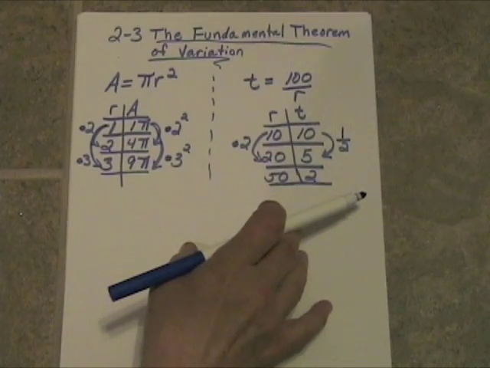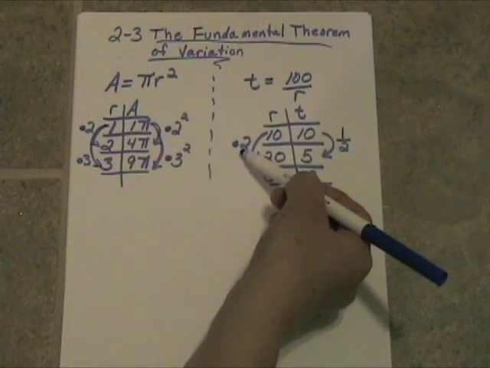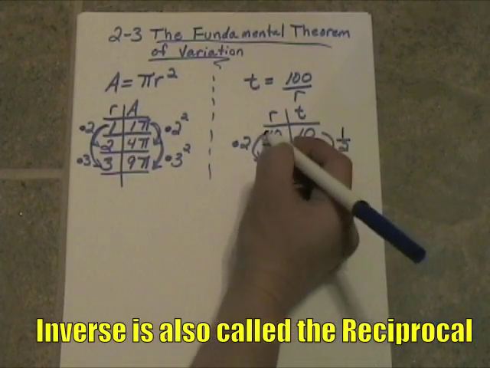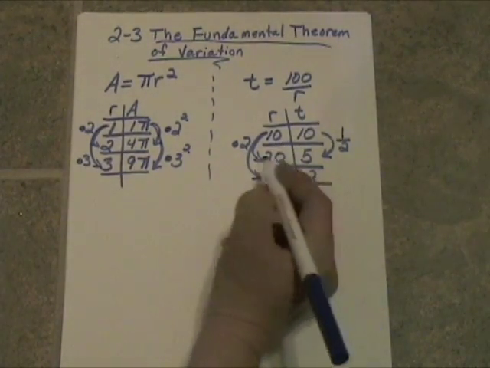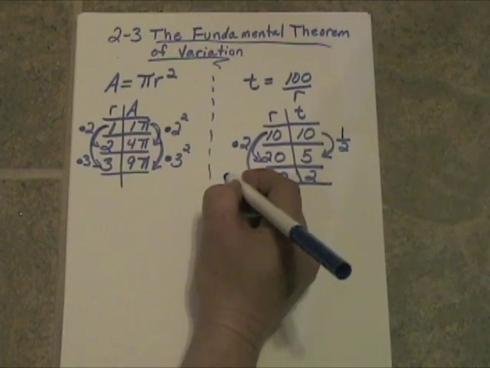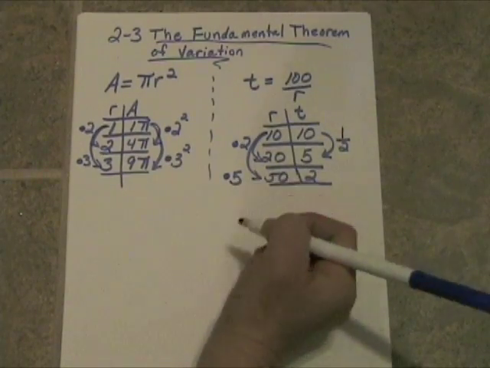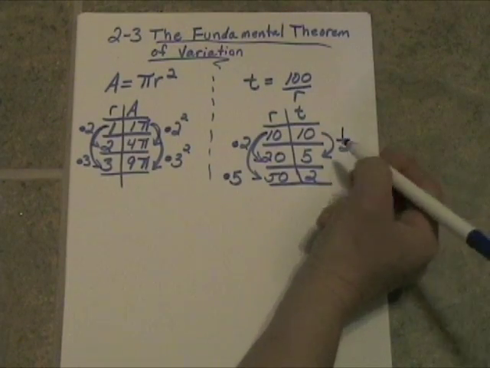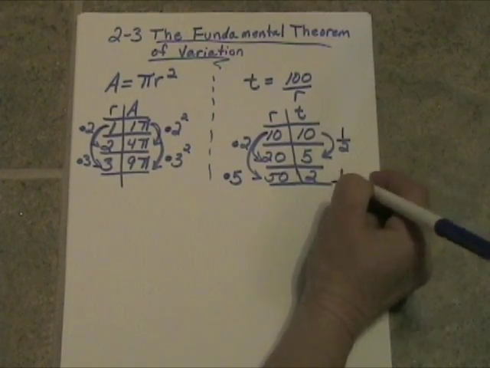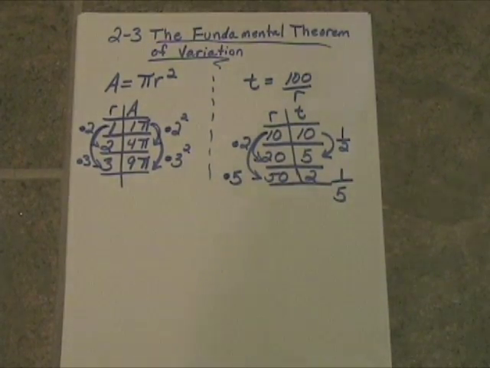So what we've got here, this is a half, this is an inverse of that, or the reciprocal. Let's see if it works here. Here we're going from 10 to 50 miles per hour. That is an increase of 5 times. It's 5 times bigger. And here to go from 10 to 2, the time is changing by the reciprocal of 5, which is 1/5.